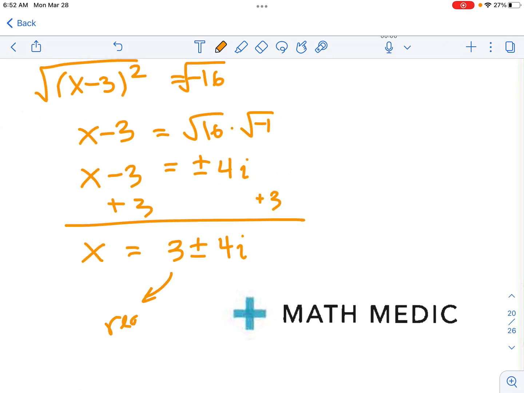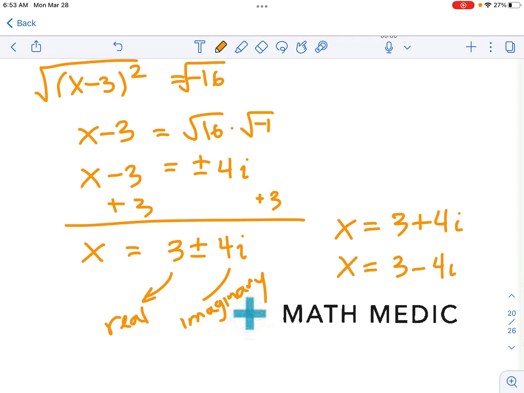We have a real part, and we have an imaginary part. Okay, and our two answers are 3 plus 4i and 3 minus 4i. And together that makes a complex solution. And so notice we have that plus minus pattern re-emerging because of taking that square root of a number, right?